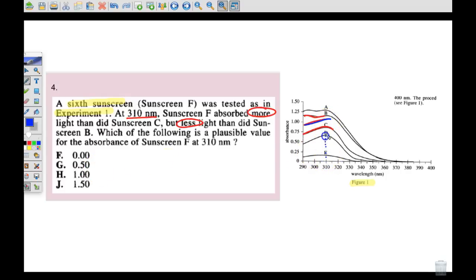So I have to go up from 310 and then over. The closest I have in terms of value is 1, which would mean H is the best answer for number 4.